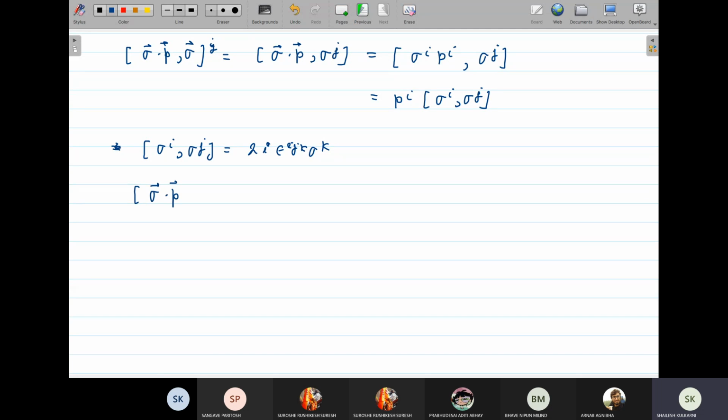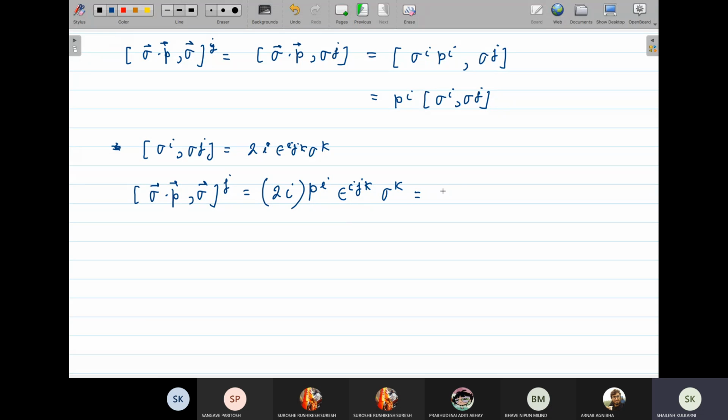Sigma dot p, this thing will be 2i, there will be pi, this i is the complex i, pi, the commutator of sigma i, sigma j, that is epsilon ijk sigma k.